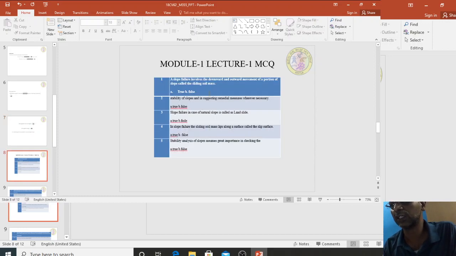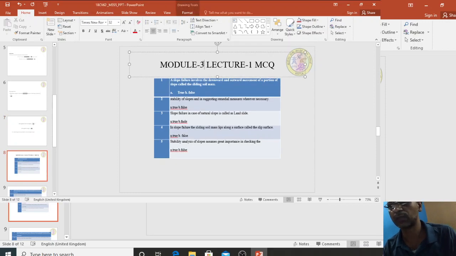Some of the MCQ questions related to this topic are as follows. A slope failure involves the downward and outward movement of a portion of a slope called the sliding soil mass. Option A. Stability analysis of slope is for checking stability and suggesting remedial measures wherever necessary. Option A. Slope failure in case of natural slope is called landslide.